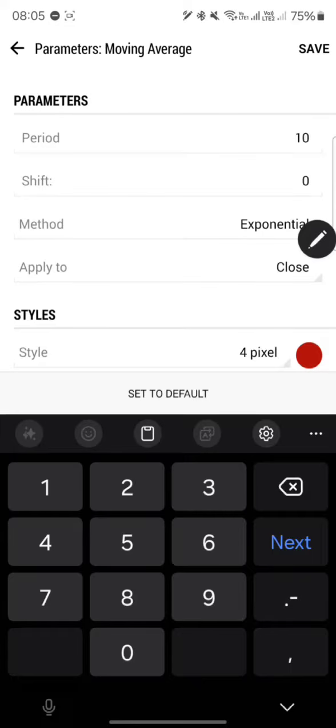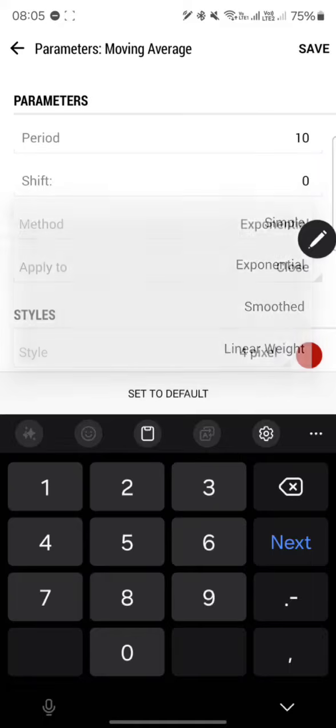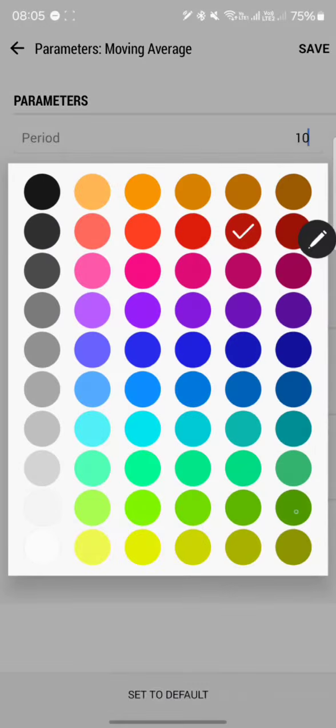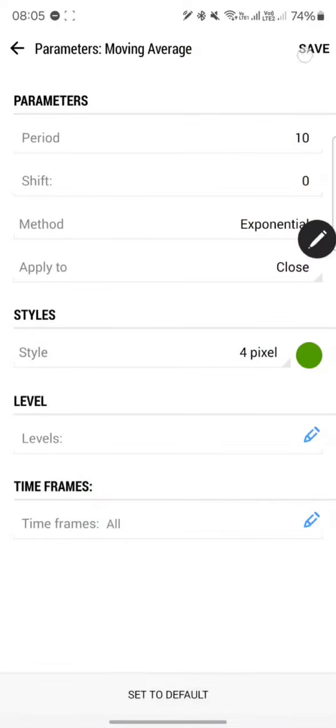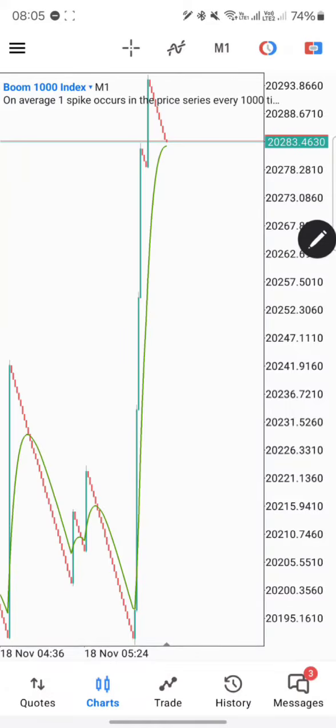Shift will be 0, method will be exponential, and apply to close. The style, you can make it any amount of pixels. I prefer 4 pixels so that I can actually see it on my chart, and I'll just make the color green. Click on save, and we should see this green line on our charts.